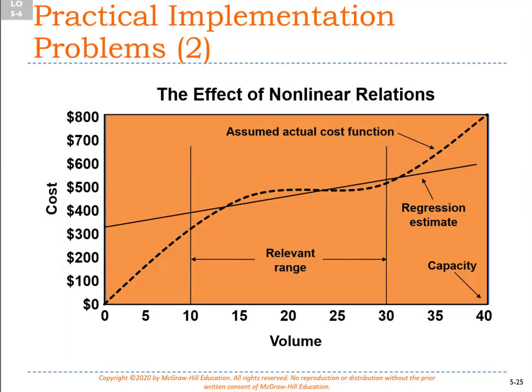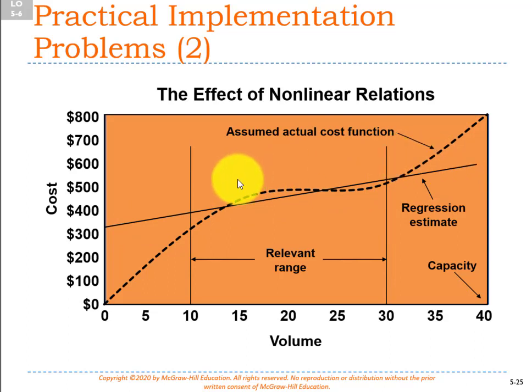So for instance, the first problem, nonlinear relationships: we assume that within the relevant range, while it's not perfectly linear, this dotted line is not too far distant from this line. But when we get too high of activity or too low of activity, notice how much different our dotted line is from the regression line, and it gets further and further.